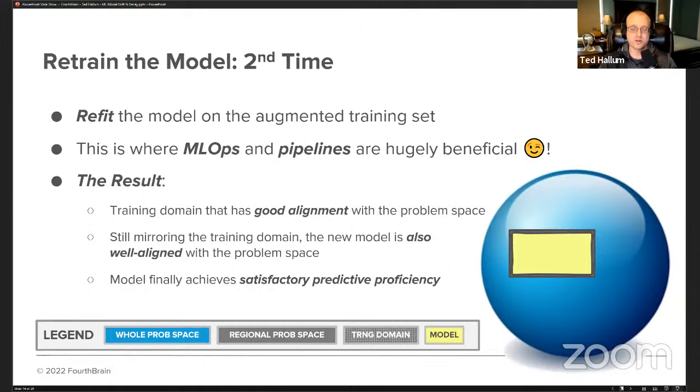That's a lot of fun. You collect the data and explore the data and experiment with different architectures and hyperparameters. That's all fun the first time you do it. The second time you do it, it's less fun. And it's iteratively as you go, it's less and less fun. So you really want to automate as much of this as you can with MLOps and data pipelines and machine learning pipelines.